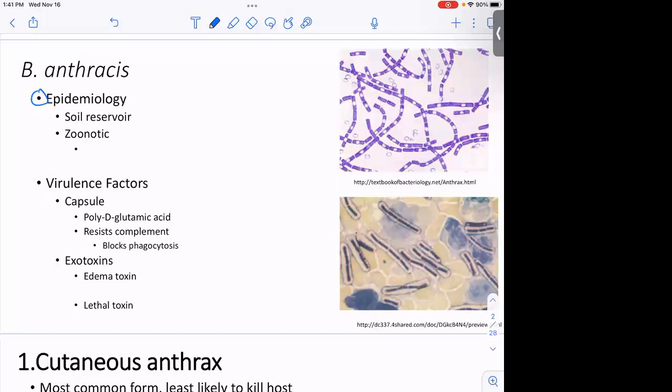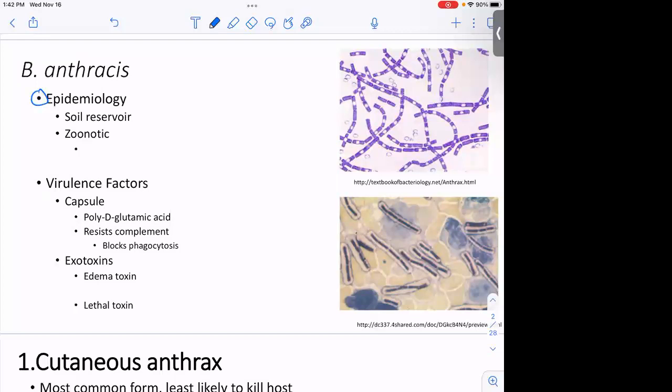So it's zoonotic. Traditionally, people have only gotten anthrax if they have been in contact with an animal that has it. It's not considered a communicable disease, meaning people don't give it to people. They could if they tried really hard, I'll put it that way.